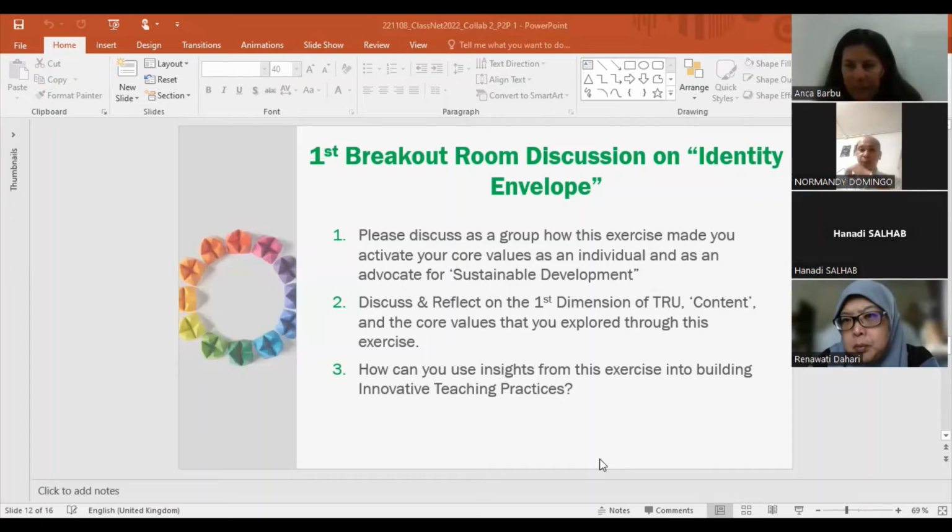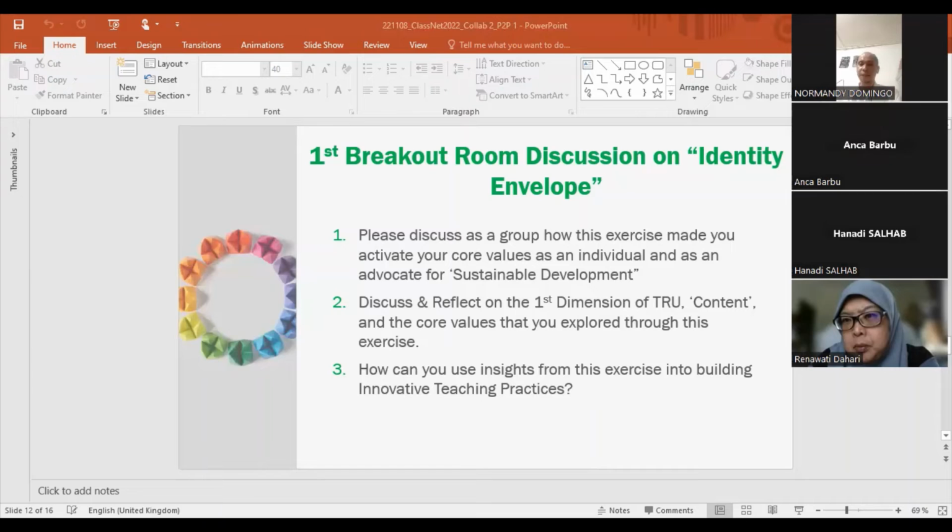When I went through the exercise that was given to us, it came to my mind about protecting our planet and how to maintain sustainable development. Now, after doing the activity, I was able to understand more about my roles and responsibilities as an advocate for sustainable development.